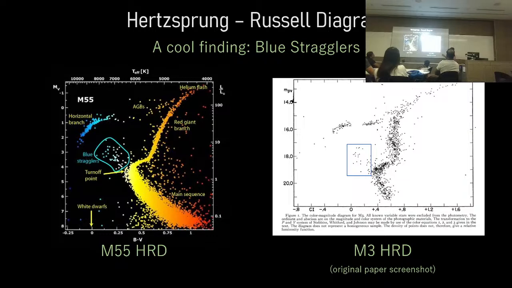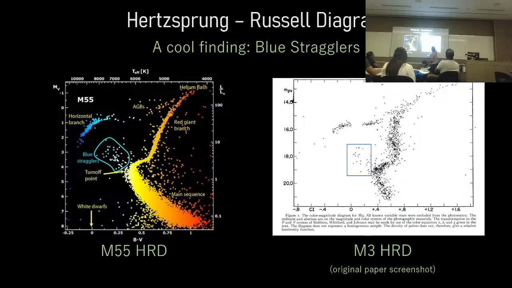He was plotting the HR diagram, which he called the color magnitude diagram, as I said. So he plotted the B minus V values and the magnitude of the star of this cluster, a globular cluster called M3. This is another HR diagram of a globular cluster called M55, but this was the original paper that I took the screenshot from. So ideally, let me erase this.